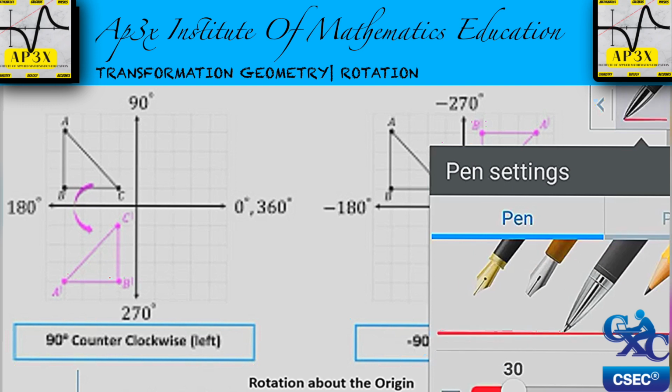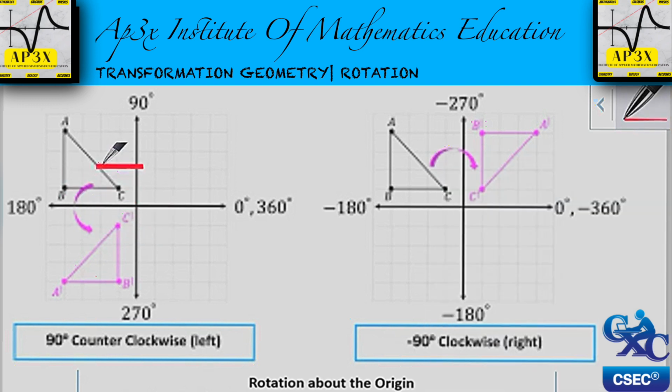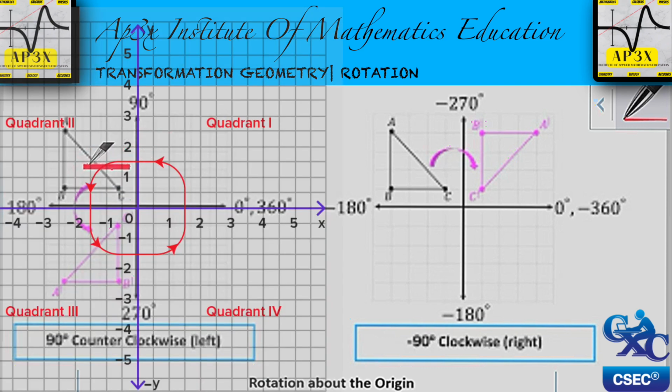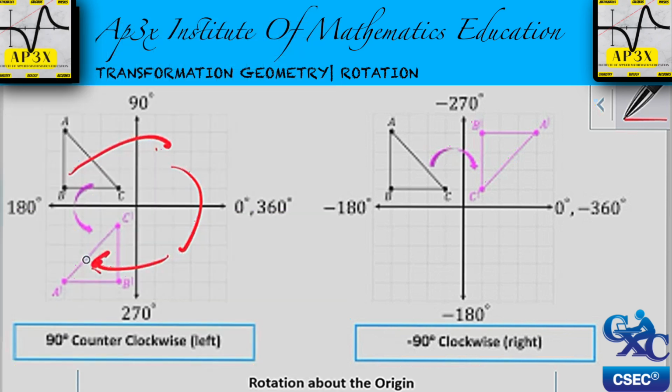So that means traveling 90 degrees counterclockwise, I can get to this very same position by moving 270 degrees clockwise. So I can go here, then here, then here. I can get to this position by changing the angle of rotation. If I change the direction of my rotation, then I have to change the angle of my rotation.